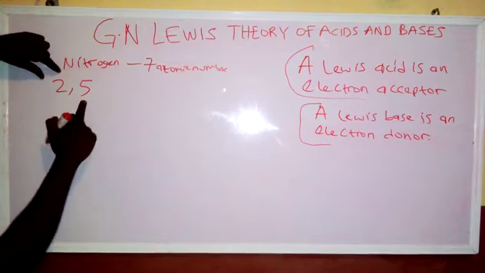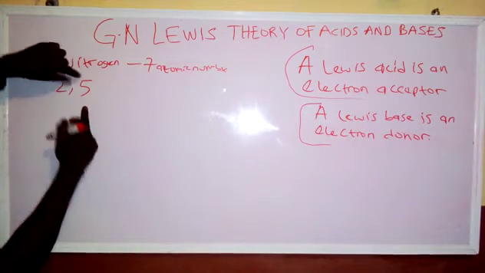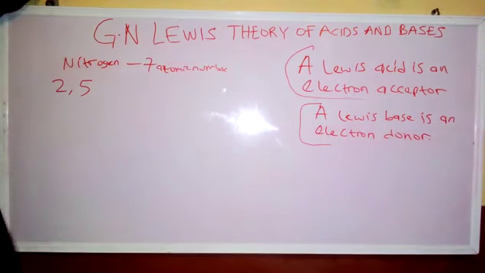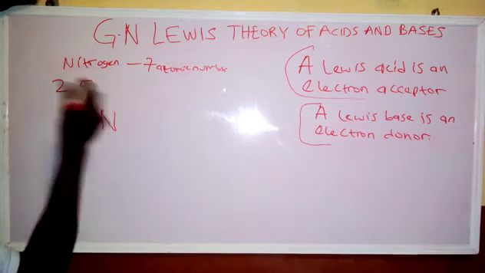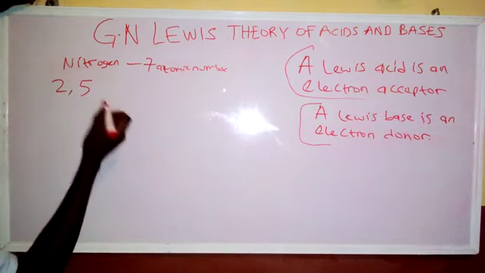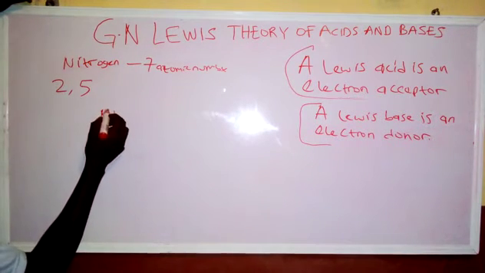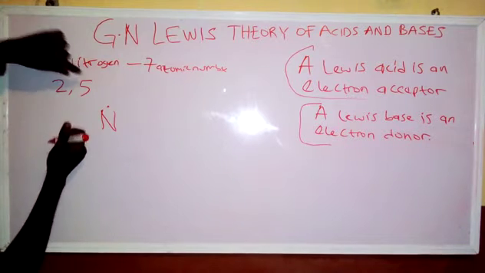So nitrogen actually has 5 valence electrons. Now when we have our N here, if you want to write the Lewis dot structure, we can go ahead and write like this. So you represent the 5 electrons.